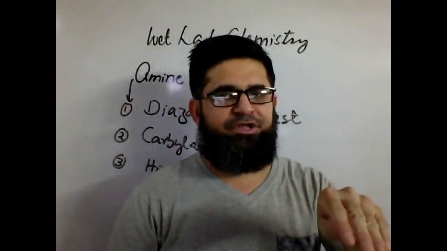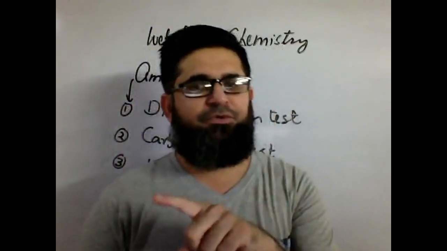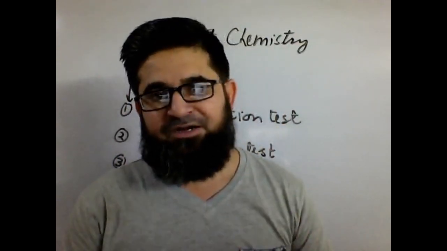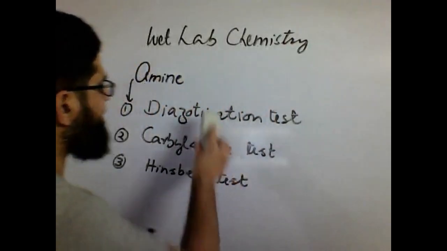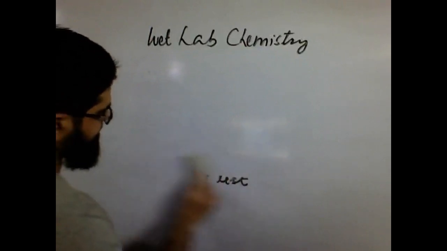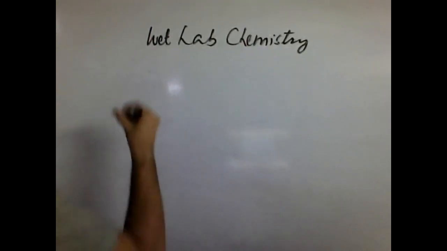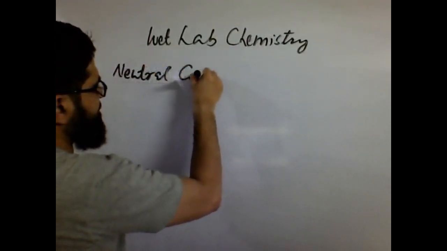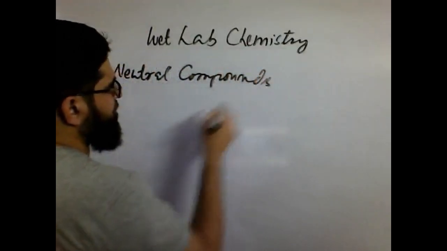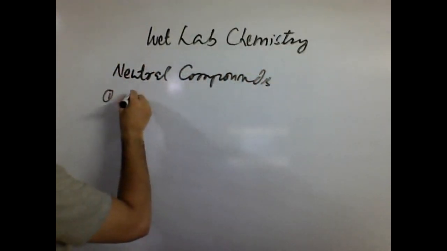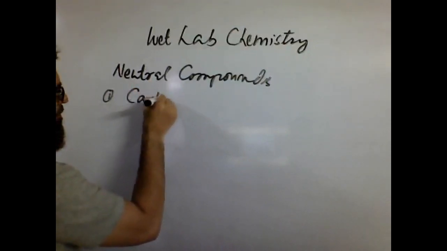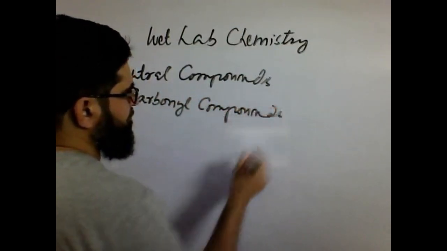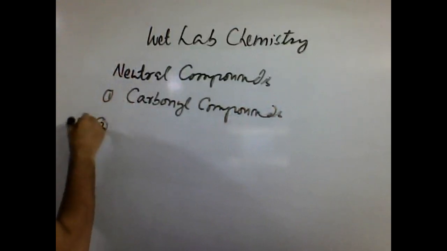Now I'm going to move today into the next category. If you start with the litmus solution test and it suggests your given compound is a neutral entity, then the neutral compounds are supposed to be, number one, carbonyl compounds, or they could be carbohydrates.